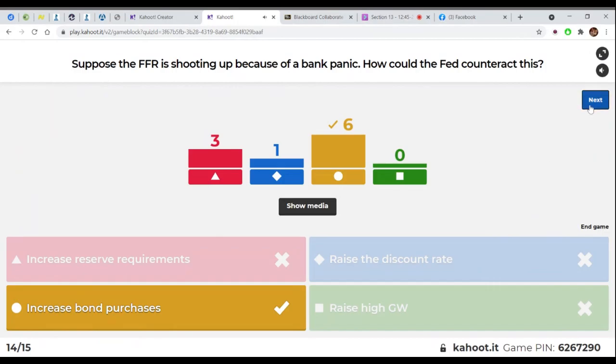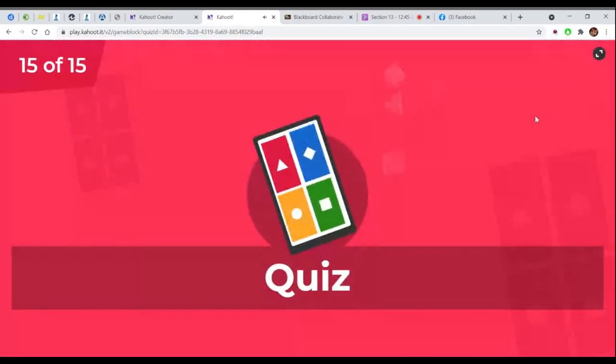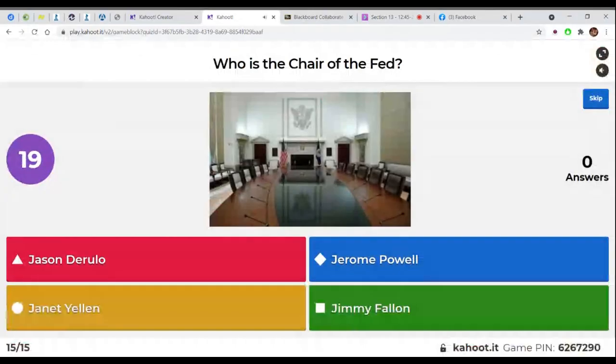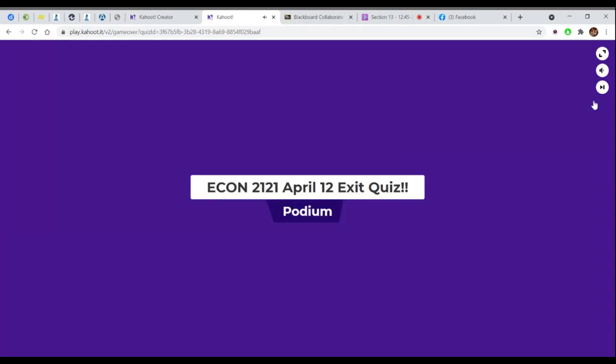That's right. Increasing reserve requirements would make the problem worse. Last of all, who is the chair of the Fed? It is Jerome Powell. Very good.